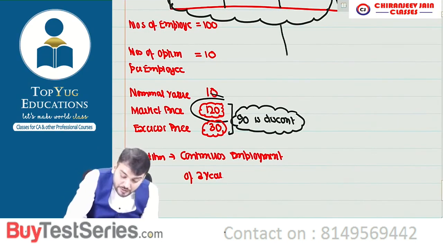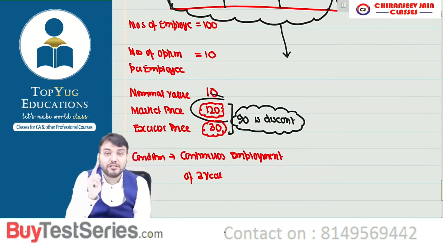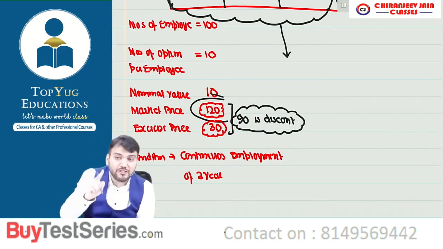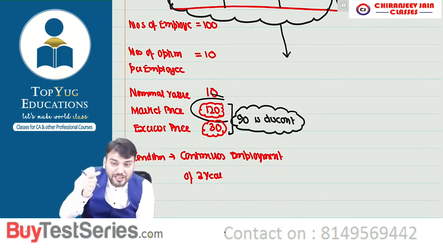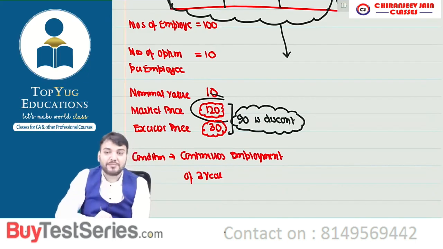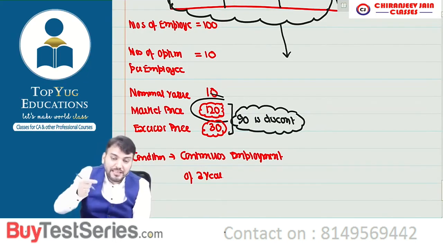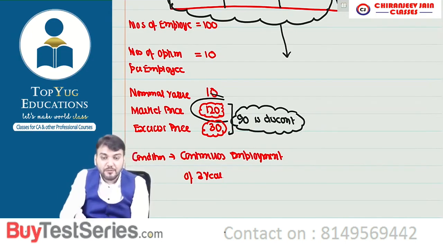Can I say this discount is not free of cost in case of ESOP? Understand my point: this option is not free of cost. Why has the 90 rupees discount been given? Because the entity will benefit from this 90 during which period?